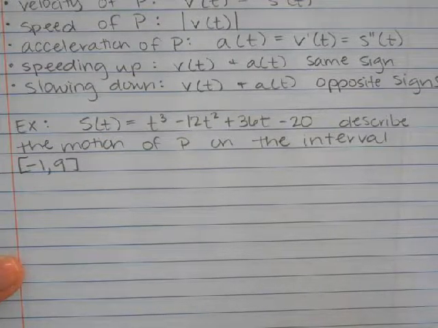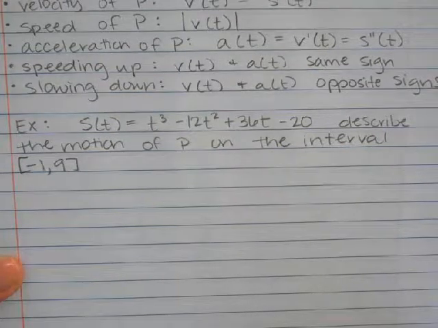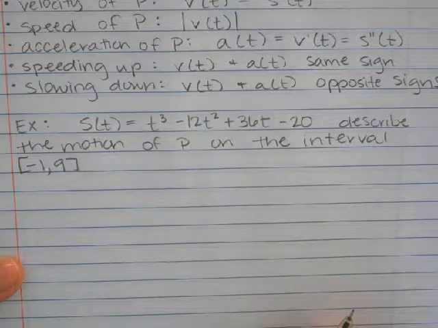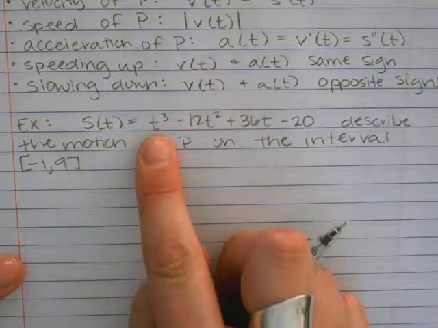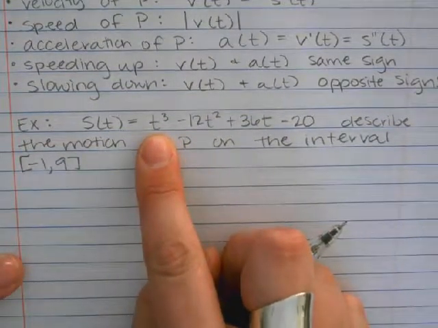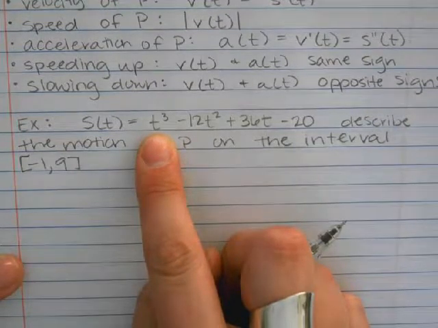The interval is typically brackets, but it could be parentheses. It doesn't matter, except as far as writing some of your answers, whether you would include the number or not. In theory there could be a hole, but we're not going to deal with it on this particular problem because our position equation is a polynomial, and polynomials don't have holes.